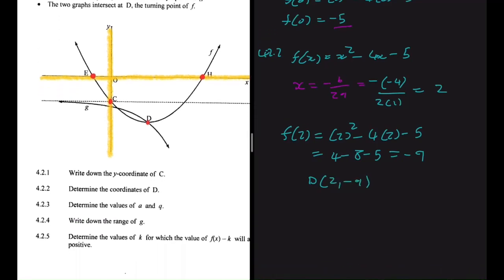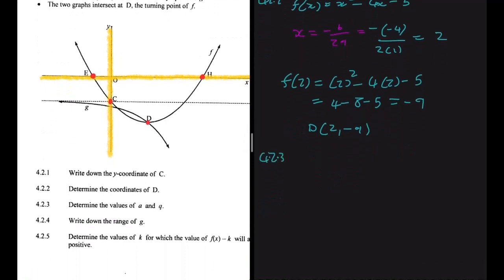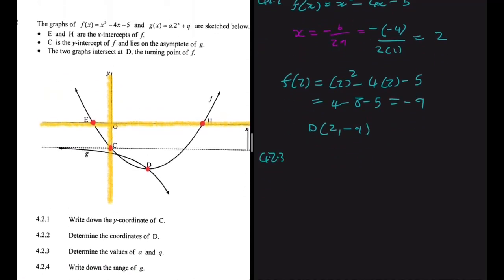Now let's do 4.2.3. For 4.2.3, we're looking for the values of a and q from our graph g of x. So g of x is equal to a multiplied by 2 to the x plus q. q is the asymptote of our graph, but we are told that the asymptote of g is at the y-intercept of f.